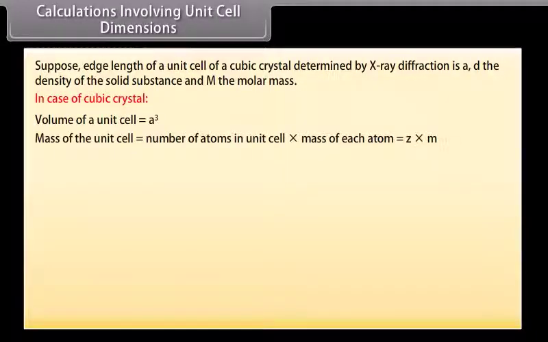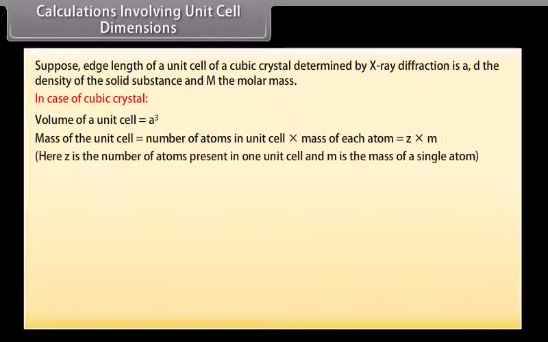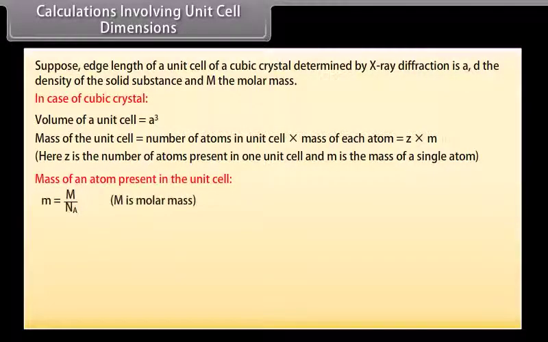Mass of the unit cell is equal to the number of atoms in the unit cell times the mass of each atom, which is equal to Z times m. Here, Z is the number of atoms present in one unit cell and m is the mass of a single atom. Mass of an atom present in the unit cell, m, is equal to M upon Nₐ.